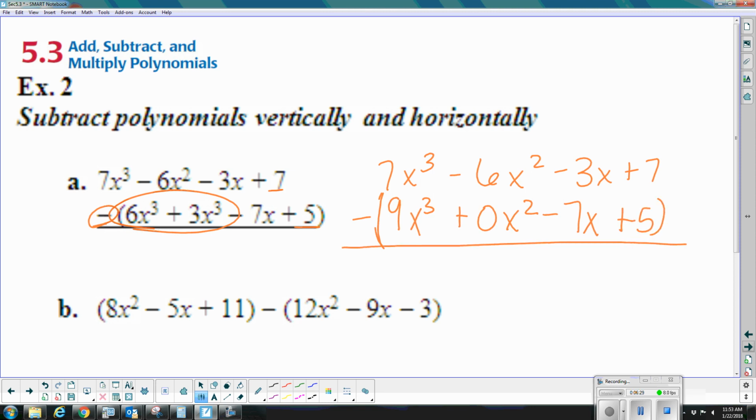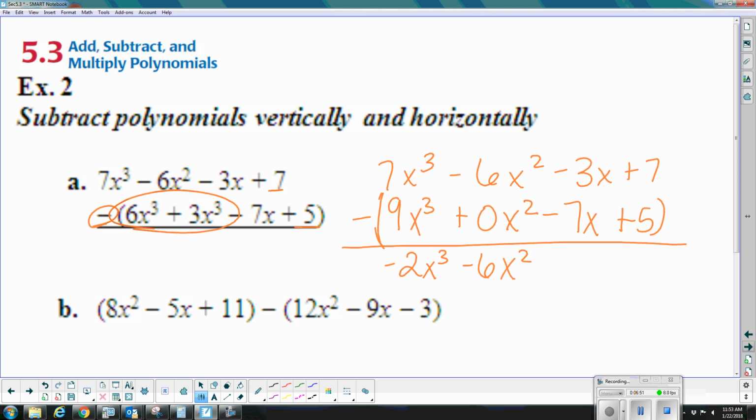So if it's not already in standard form, do that first, just to help yourself get organized. So now it's 7x cubed minus 9x cubed, which is negative 2x cubed. Negative 6 minus 0 is still negative 6x squared.